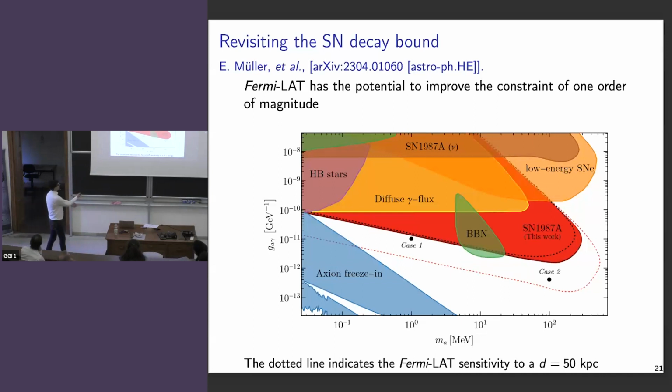The main difference between these two cases is that in case one, axions are ultra-relativistic, so they can make a series of assumptions which simplify the evaluation of the sensitivity and the detection, and through which they arrive at some conclusions that I will show you soon. While in case two, axions are no longer relativistic.